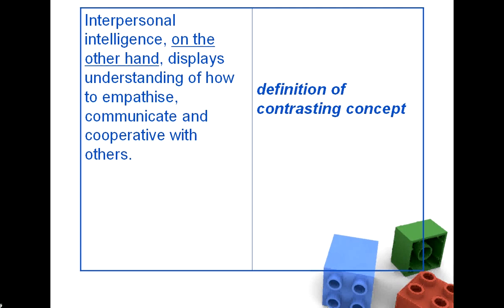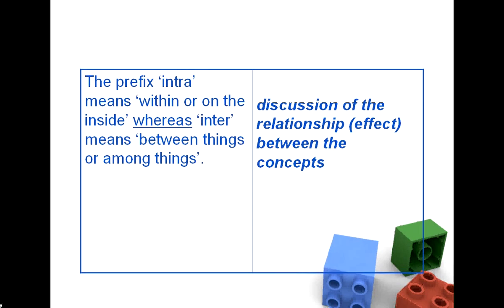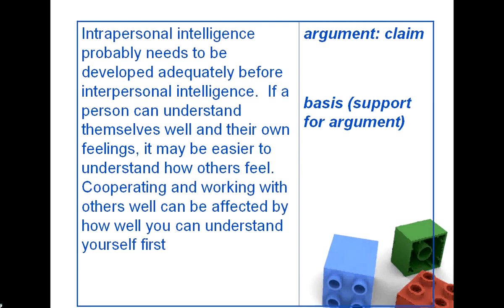Okay, and there's a definition of the contrasting concept. There's a discussion of the relationship between the concepts, and there's an argument and the basis of this argument, or the support.